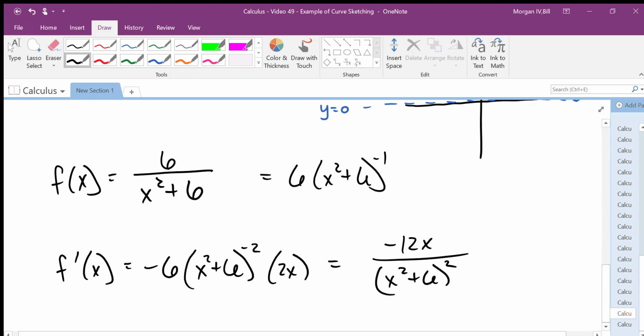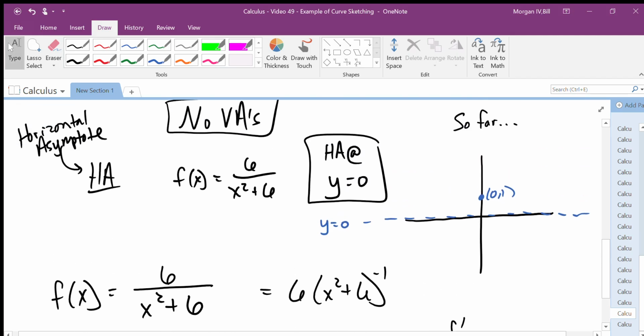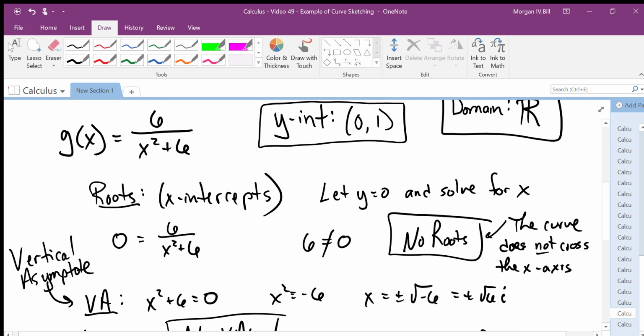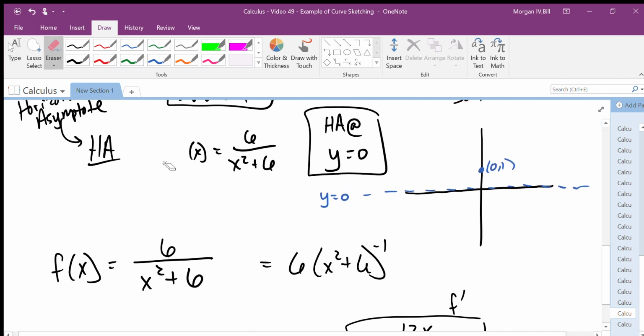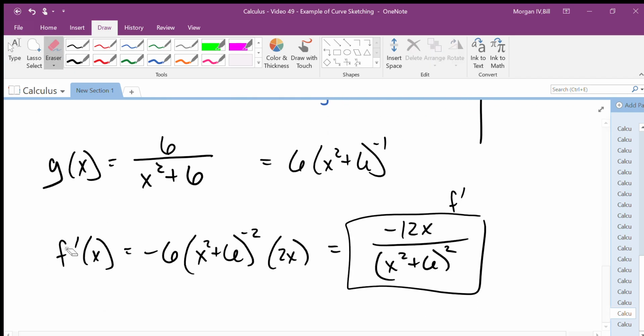That's the same thing you would have gotten with the quotient rule. I'm sorry, I wrote f prime, but the original function was in terms of g, so these were all supposed to be g's. So that was g prime of x, the first derivative.